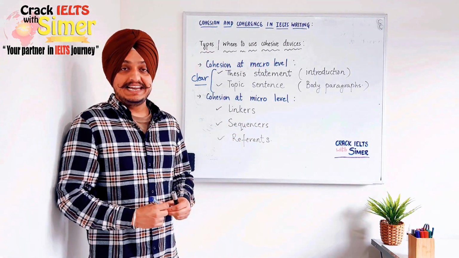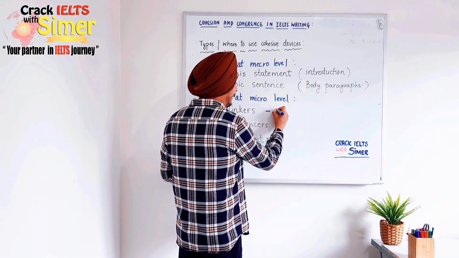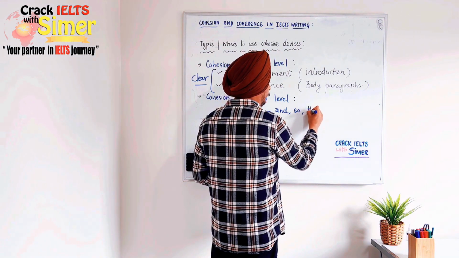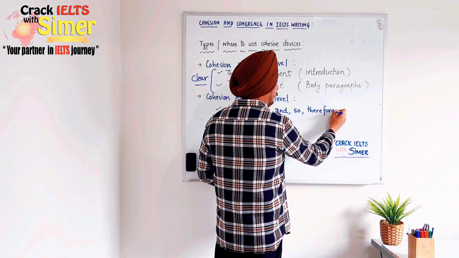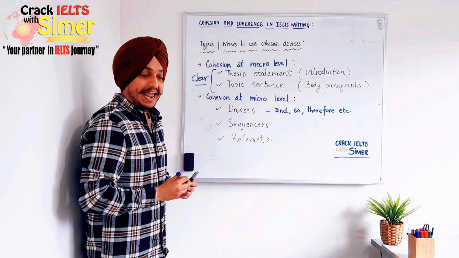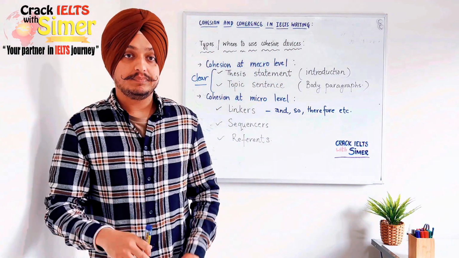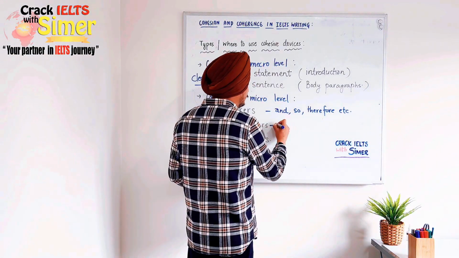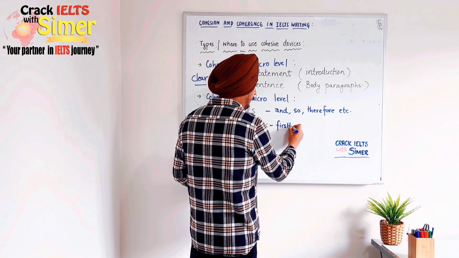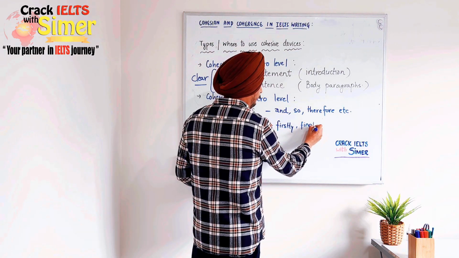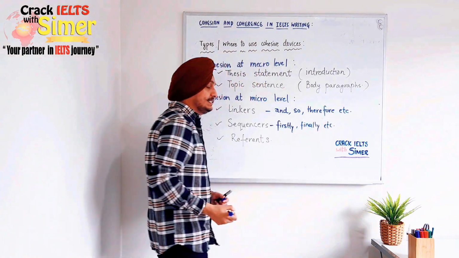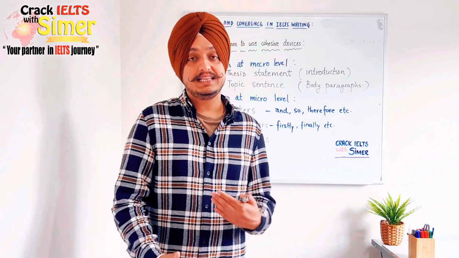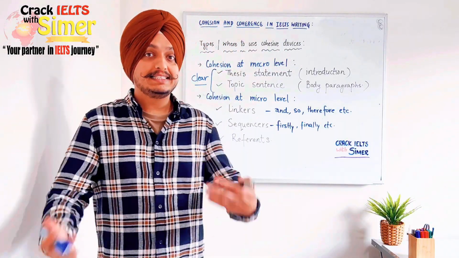Basically, linkers are the words that connect sentences, like and, so, therefore, etc. And sequencers obviously sequence the events, like firstly, finally, etc. So the first reason is, the second reason is, the final reason is: firstly, secondly, finally.